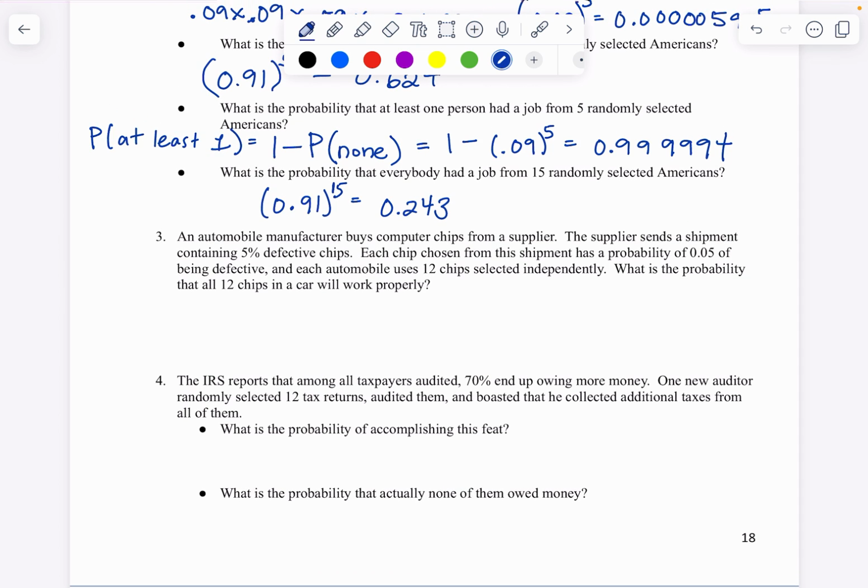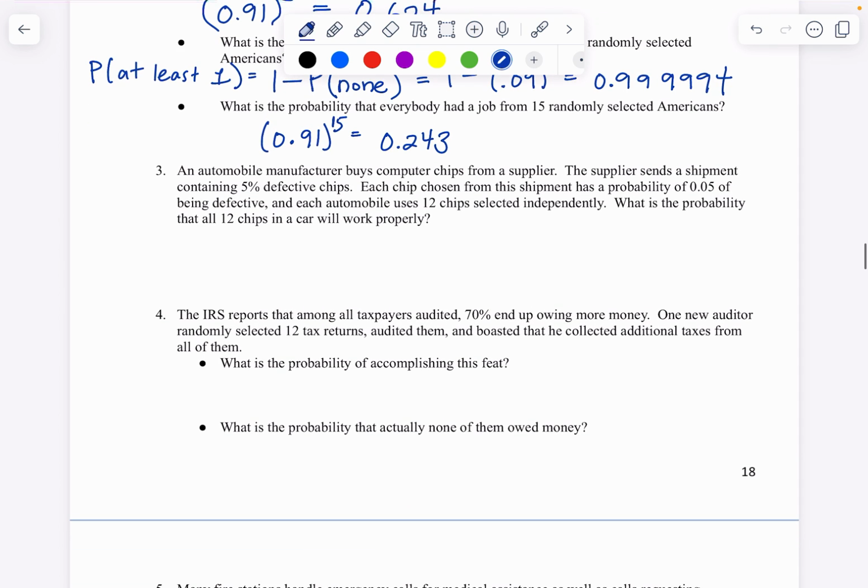Okay, number 3 says, an automobile manufacturer buys computer chips from a supplier. The supplier sends a shipment containing 5% defective chips. Each chip chosen from this shipment has a probability of 5% of being defective, and each automobile uses 12 chips selected independently. What is the probability that all 12 chips will work perfectly?